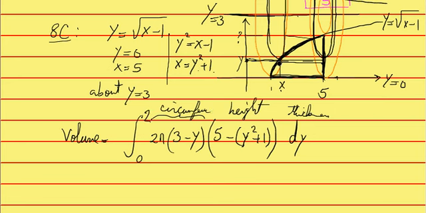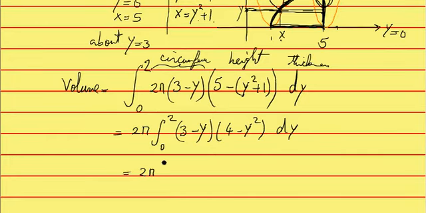Again, if x is 5, I plug it here, and I get my largest value for y to be 2, so I go as far as 2. Now I have, let's put 2 pi outside, integral from 0 to 2 of 3 minus y times 4 minus y squared dy.